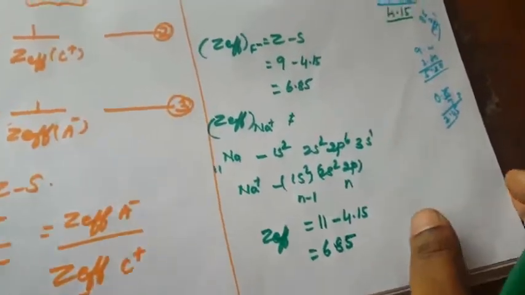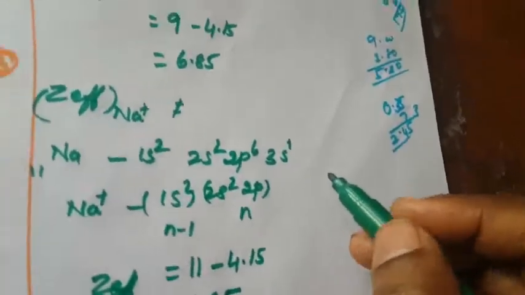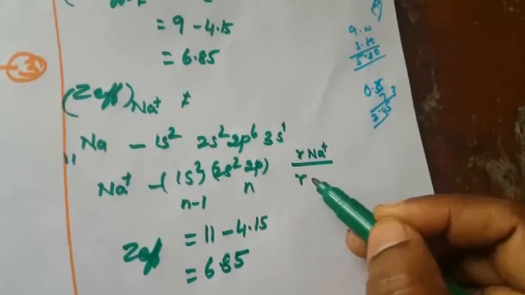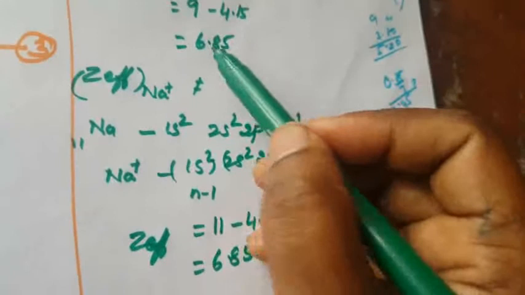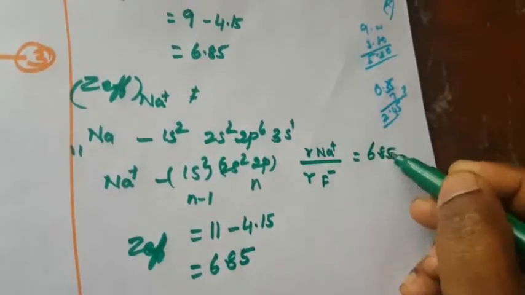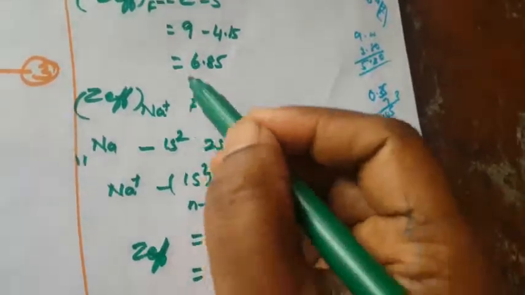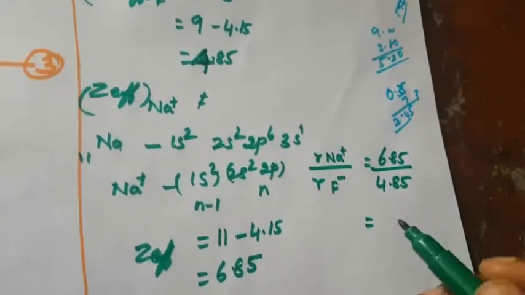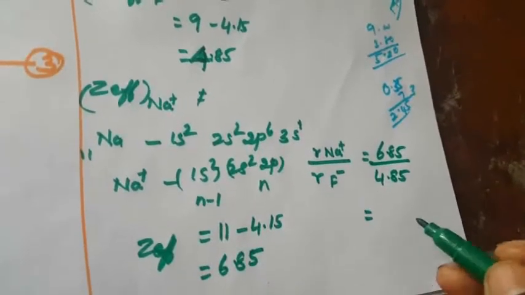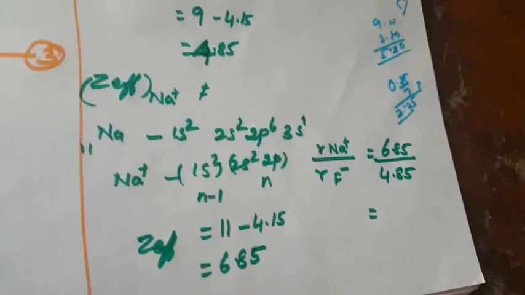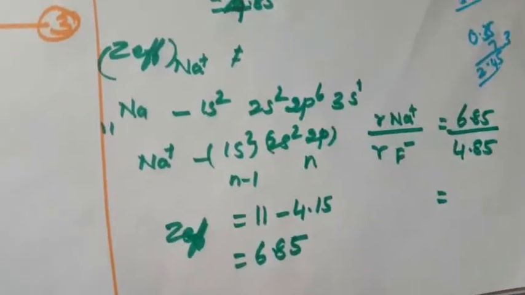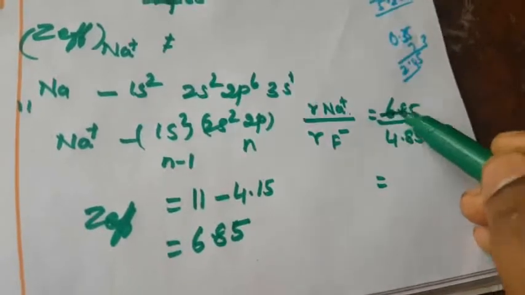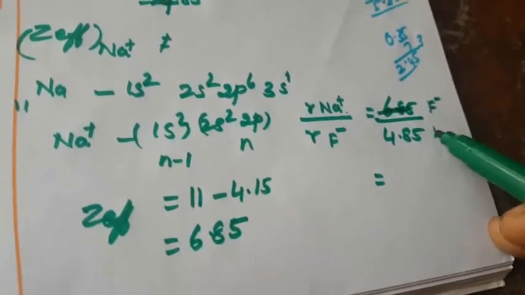Here I am writing the formula: radius of Na plus divided by radius of F minus equals effective nuclear charge of F minus divided by effective nuclear charge of Na plus.